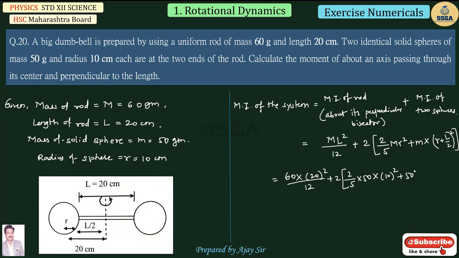So mass of the bob, solid sphere, that is 50 into r is equal to 10 plus 10 bracket square.